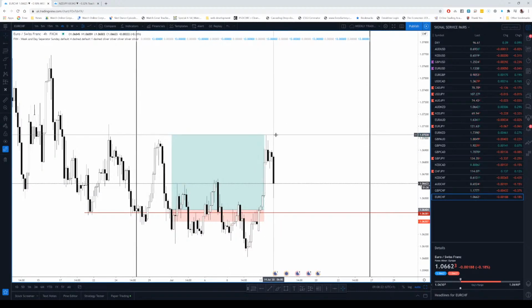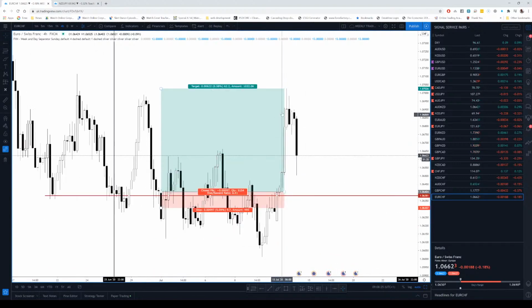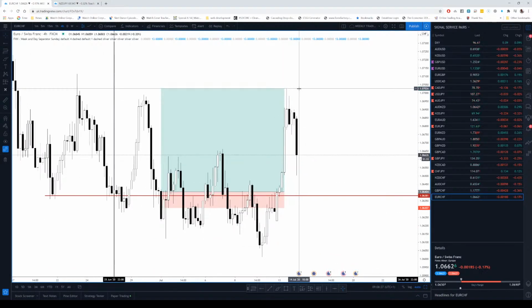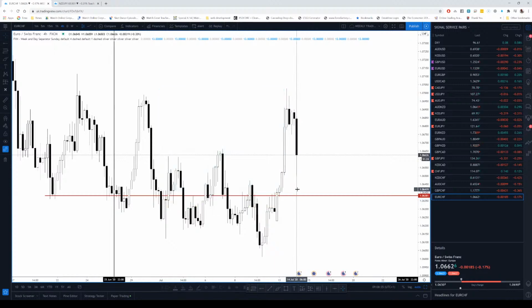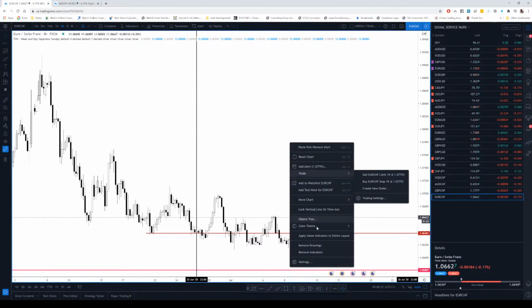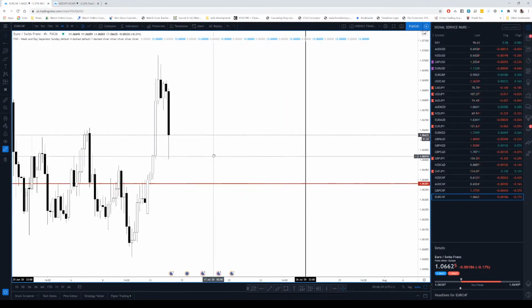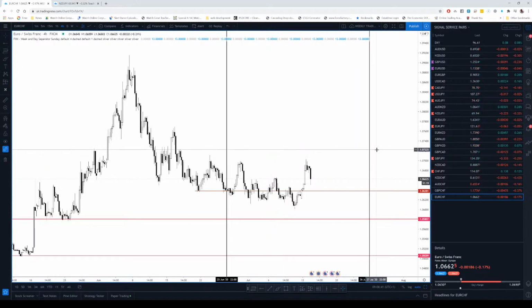Interesting. I haven't been on this for a while, but look at that. Wow. Yeah, I'm gonna leave this one alone because it's still bullish. Right, it's still bullish, so I'm gonna leave this one alone.